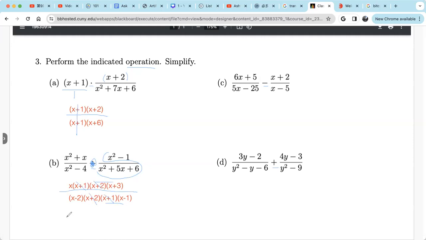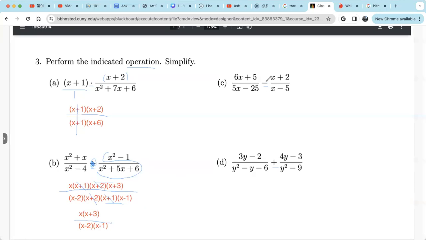So we're left with, in the numerator, x and x plus 3. In the denominator, we have x minus 2 and x minus 1. So we leave it like this, in factored form. We don't have to expand them. That's it. No more common factors. So we're done.